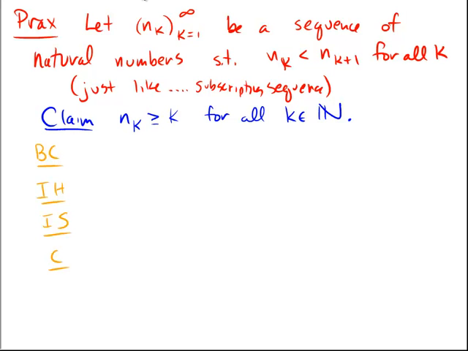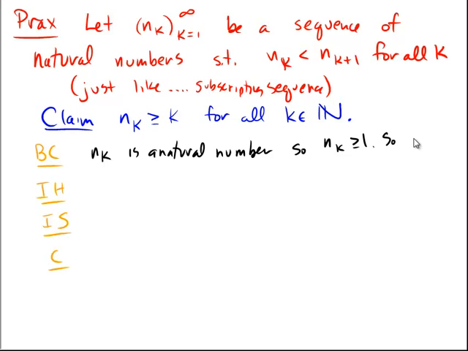First step, let's go by induction here, of course, because we're trying to prove something for all natural numbers. And base case, well, notice that n sub k is a natural number. So we know for sure that n sub k is going to be bigger than or equal to 1 for every k.